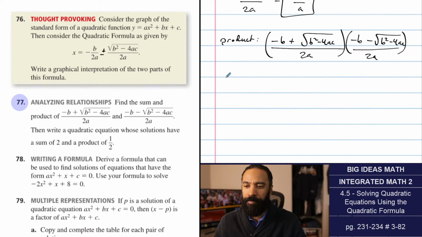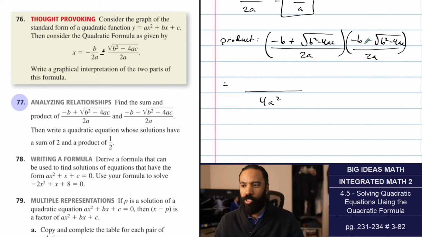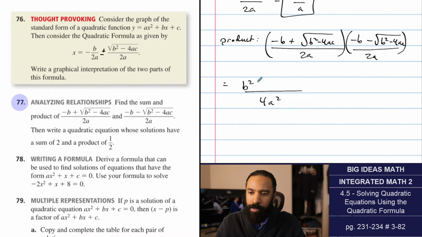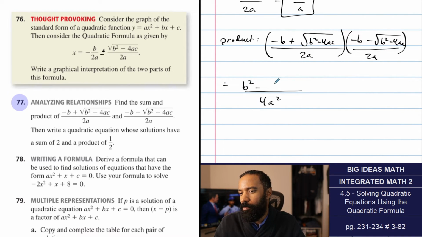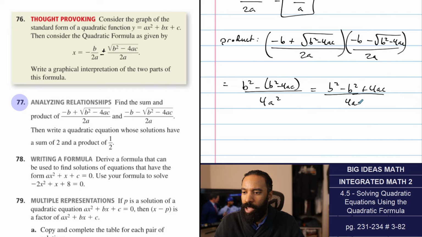So on the bottom, we're going to get 4a squared. 2a times 2a is 4a squared. On the top, we're going to get b squared minus the quantity square root of b squared minus 4ac, squared. When you do this squared minus that squared, the square root of something squared is just that thing. So b squared minus b squared plus 4ac, when you distribute the negative, over 4a.